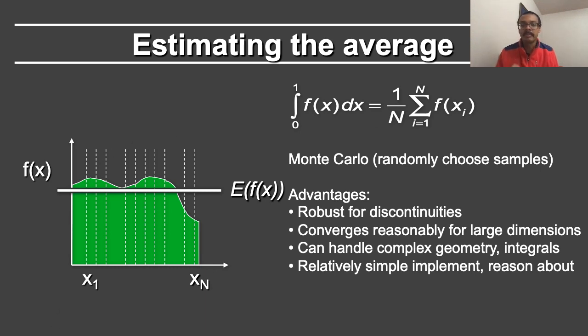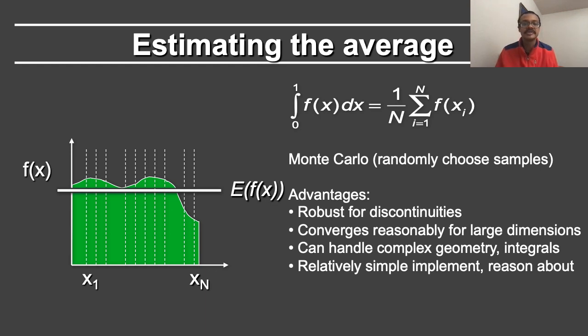This method is robust for discontinuities. It converges reasonably efficiently for large numbers of dimensions. It can handle many of the complexities in computer graphics, such as complex geometry and difficult integrals. And it is relatively simple to reason about and implement.